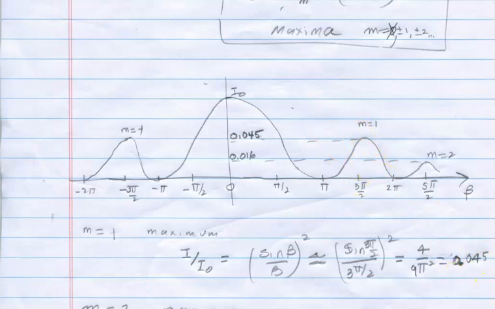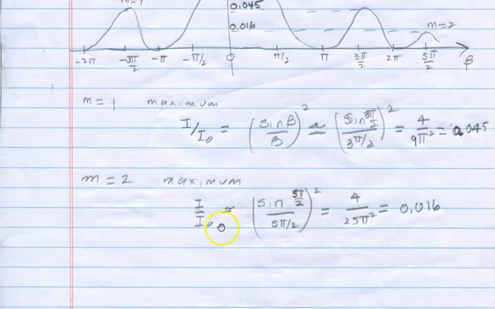The next one is even further down. At this one, you're now at roughly, again, it's an approximation, because it's just inside this 5 pi over 2, but if I plug that in for beta, sine of 5 pi over 2 is 1, I believe, either plus or minus 1. When you square it, it becomes 1. And this becomes 4 over 25 pi squared. When I calculated that, that's about 1.6%.